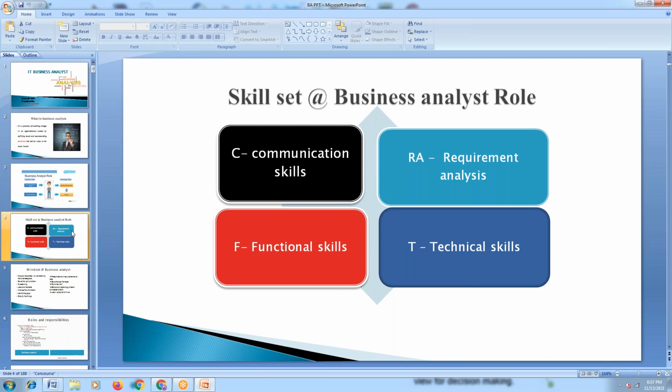Until he understands the requirements and business problems, he will not be able to come to a conclusion about what kind of solution to give. To give that solution, I already asked you the same question: until he discusses with the technical team, he will not be able to give a solution.